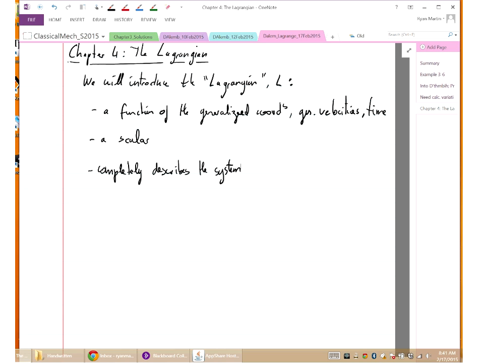So let's start over again with the case of the single particle in a conservative field. So let's do the Lagrangian from D'Alembert's principle.